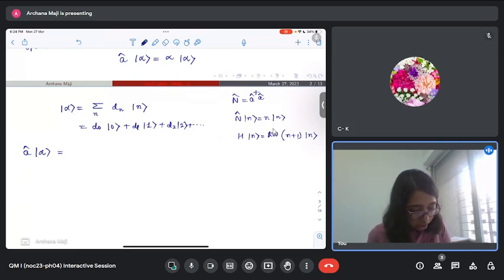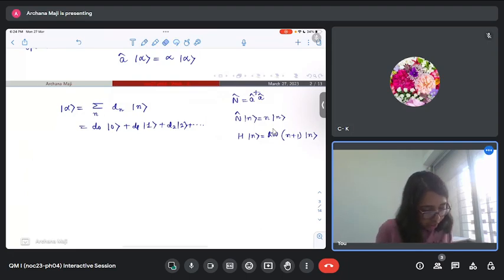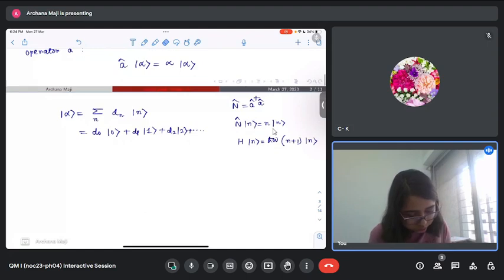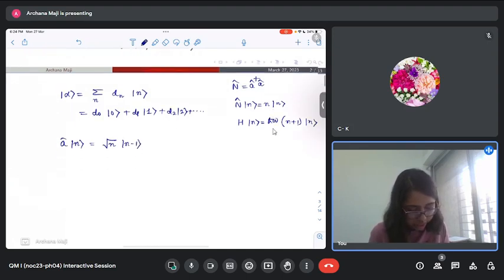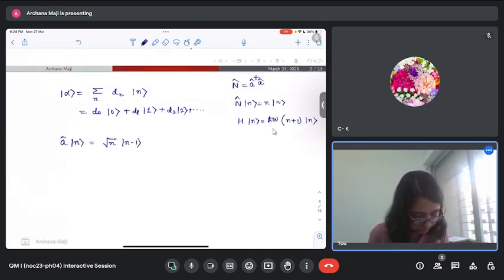A acting on the n particle state gives square root of n times the n minus 1 state, so we apply that to all these number states.